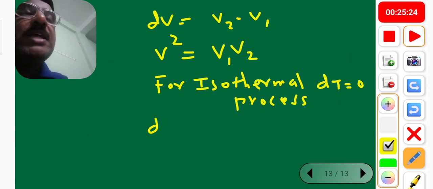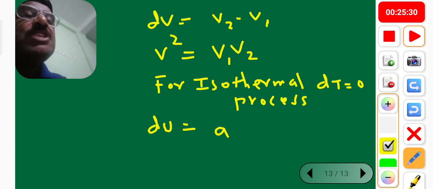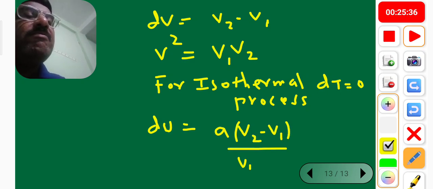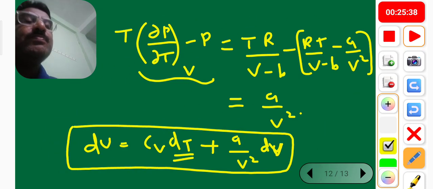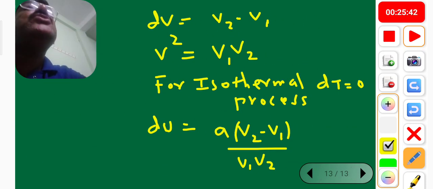So I will get du is equal to a into (V2 minus V1) divided by V1 into V2. This is what you will get as the internal energy change.